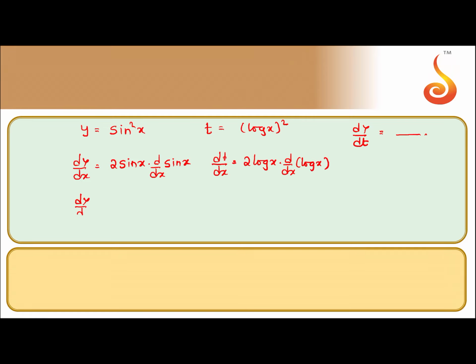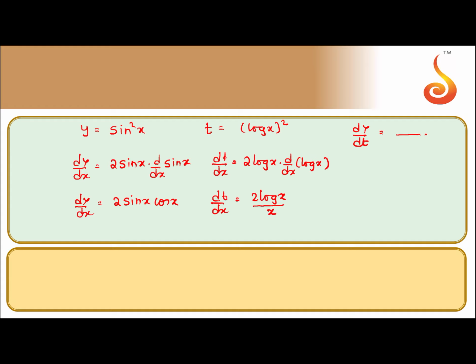So dy by dx, you get it as 2 sin x cos x, and dt by dx, we get it as 2 log x by x.